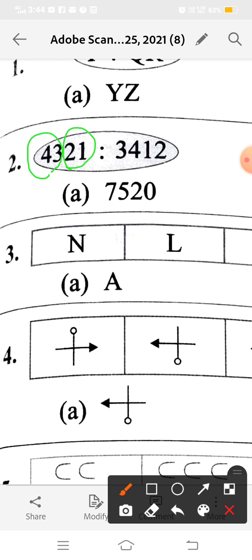We will interchange the place of ones and tens, so we will write 2 on the ones place and 1 on the tens place. Now we need to interchange the place of 100 and 1000. So now 3 will come on the 1000 place and 4 will come on the 100 place. So it will become 3412.